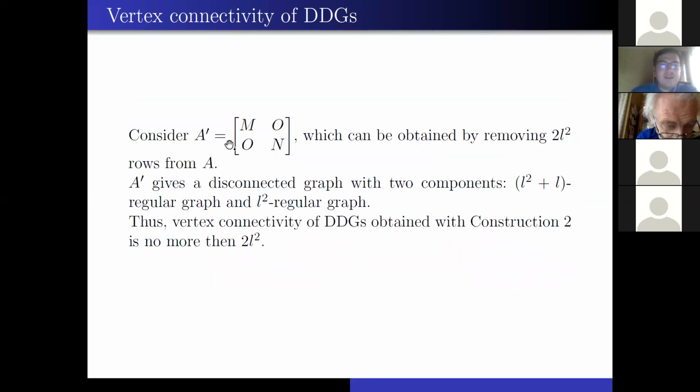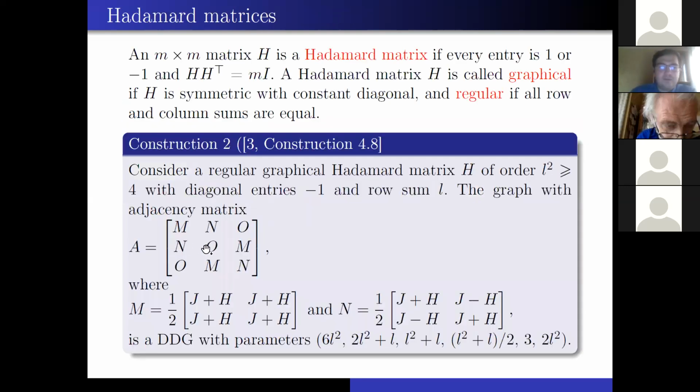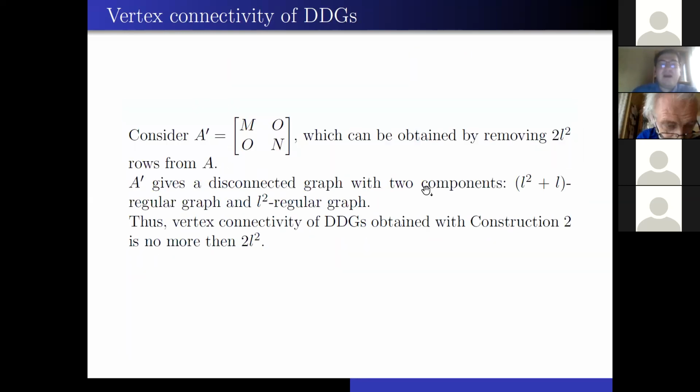Now consider A prime as this, which can be obtained by removing 2L squared rows from A. We remove these rows and these columns correspondingly, and we have A prime. A prime gives a disconnected graph with 2 components, an L squared plus L regular graph and an L squared regular graph. Thus, the vertex connectivity of the DDG obtained with construction 2 is no more than 2L squared.